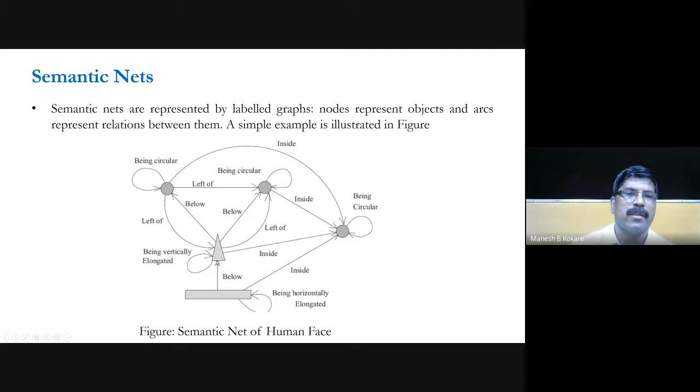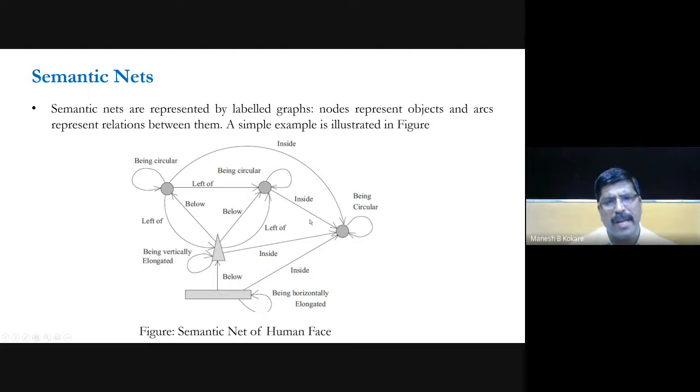And then the nose itself is also explained with a graph as being vertically elongated, and you have the lips, which are just below the nose and horizontally elongated. You can have the relation with your ears also being circular, or the mouth inside your whole face, and so on.